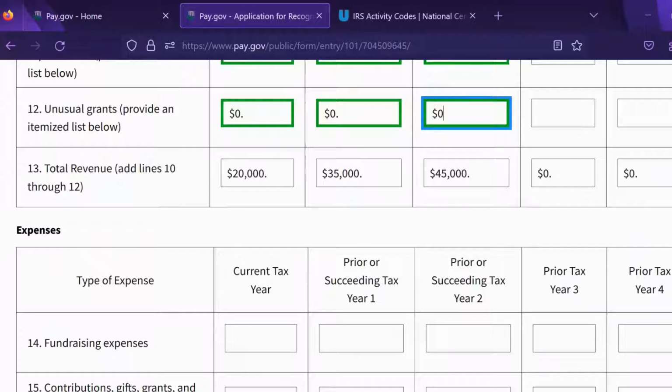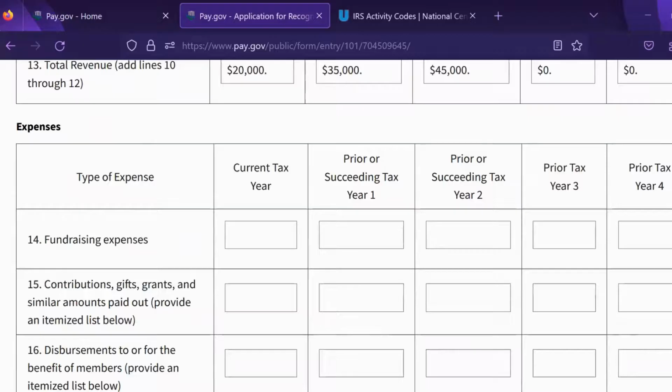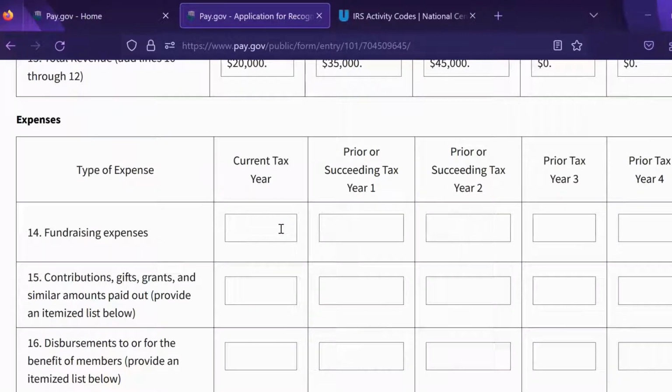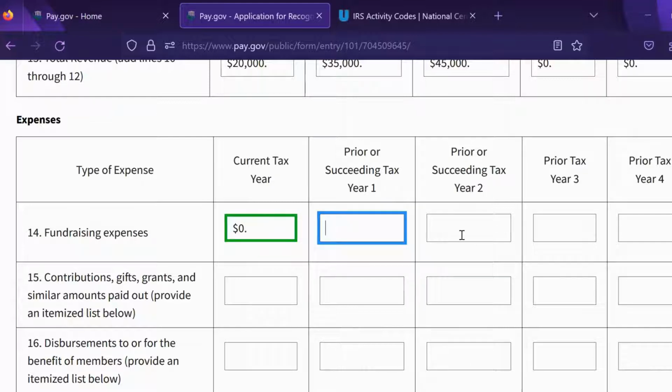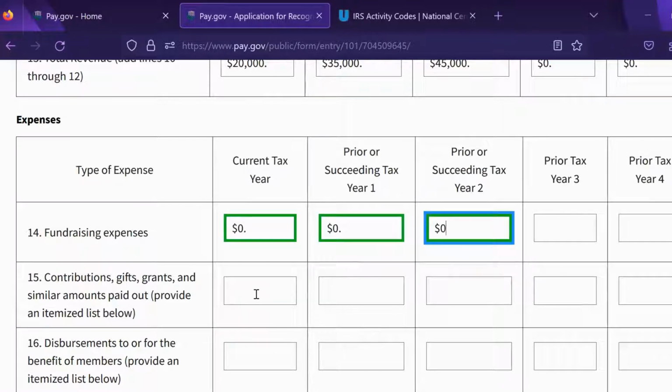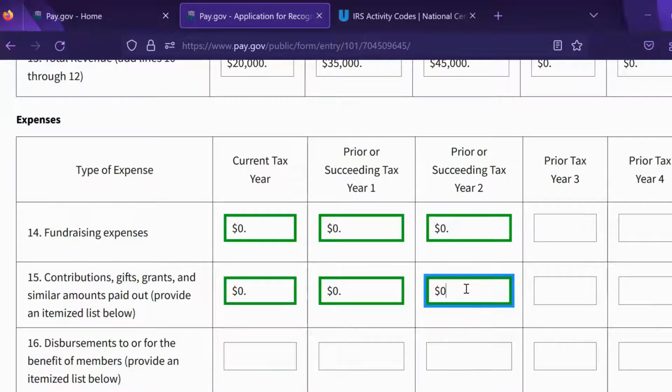20, 35, and 45. Expenses, current tax year, fundraising expense. She's not paying a fundraiser, professional fundraising organization. So this is going to be 0. Contributions, gifts, grants, and similar amounts paid out. She's not granting anything to anyone or any organizations.